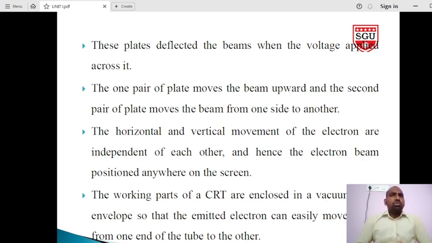One pair of plates moves the beam upward, and the second pair moves the beam from one side to another. The horizontal and vertical movements of the electrons are independent of each other, so the electron beam can be positioned anywhere on the screen. The working parts of the CRT are enclosed in a vacuum glass envelope so that the emitted electrons can travel from one end of the tube to the other.